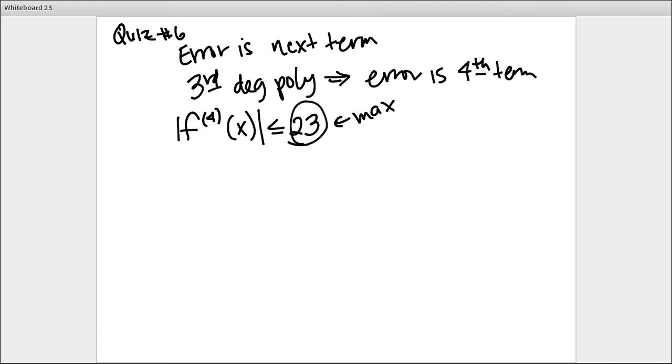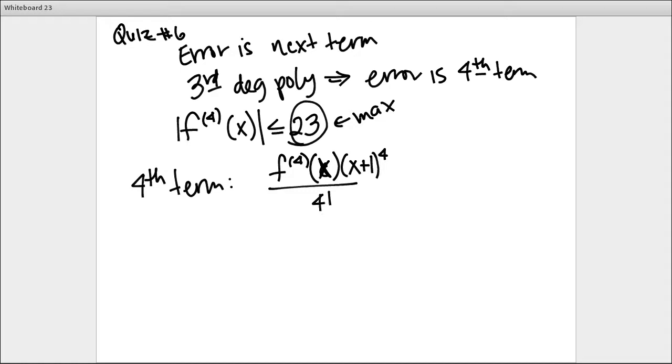And so your fourth term will be the fourth derivative evaluated at c, or I guess I'll just put x for right now, times x, and this one was centered at -1, so it'll be x plus 1 to the fourth power, all over 4 factorial since it's the fourth term.